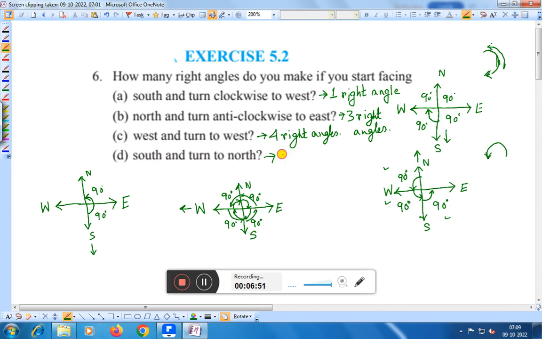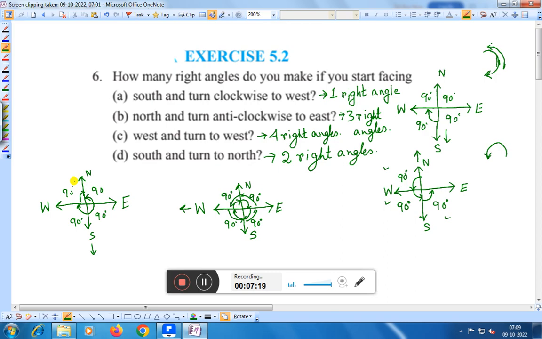Or if we go clockwise, then you get west, and west to north is also 90 plus 90. That is 2 right angles. In both cases, clockwise or anti-clockwise, you will get the same result.